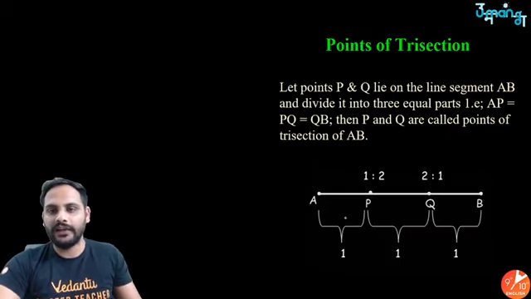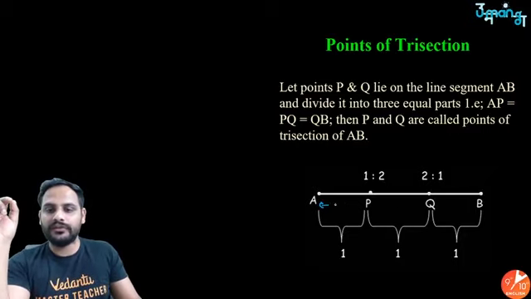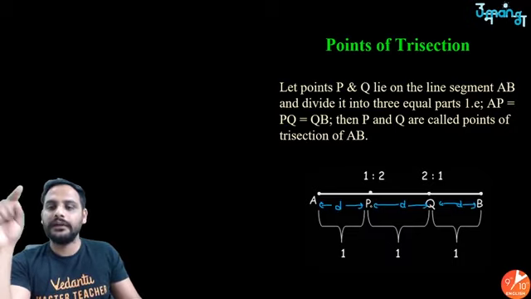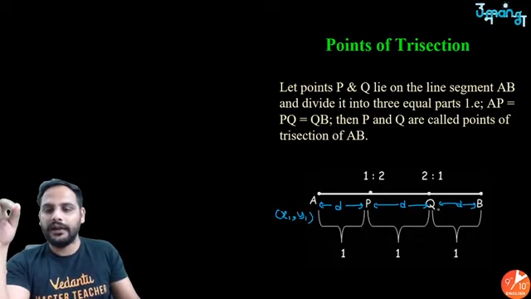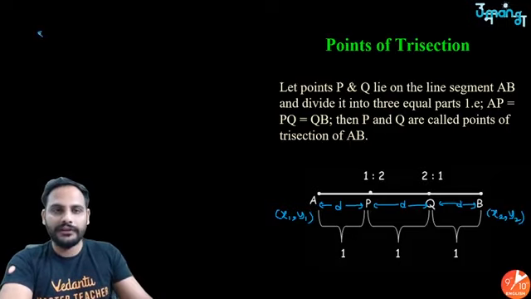After that, points of trisection. If you have 2 points which divide a line into 3 equal parts, AP, PQ, QB, suppose all of them are equal to each other, then in what ratio does P divide this line AB? Suppose you know the coordinates of A and B, and you have to find out the coordinates of the points P and Q. So what you will do, you will take this line like this.